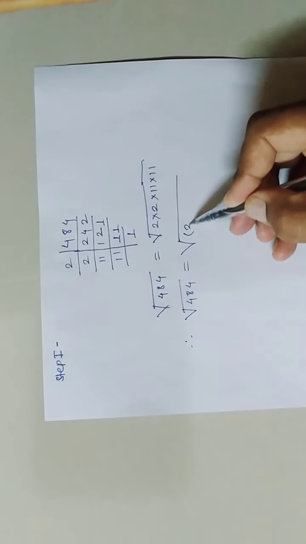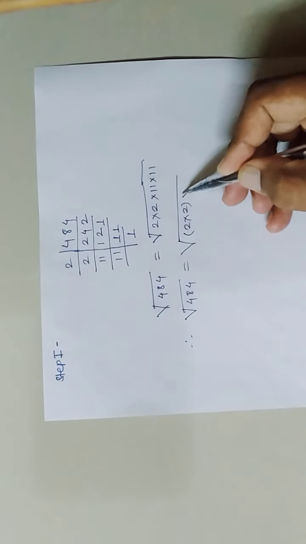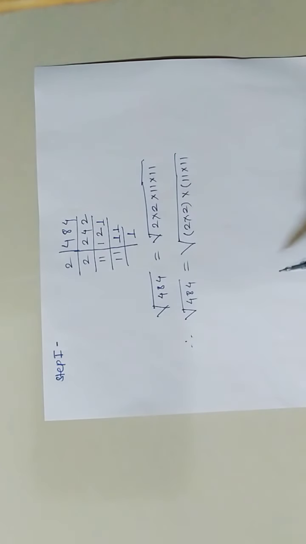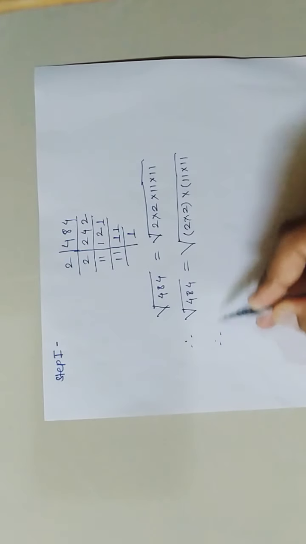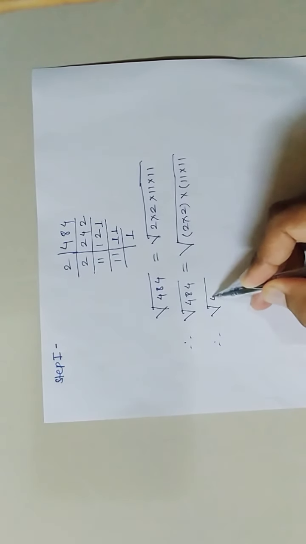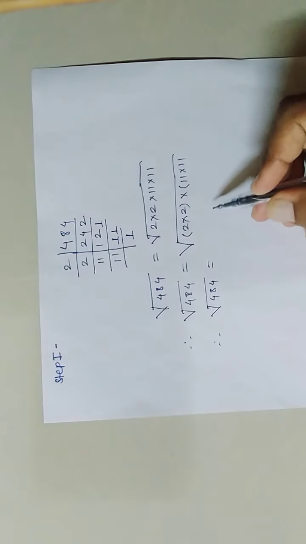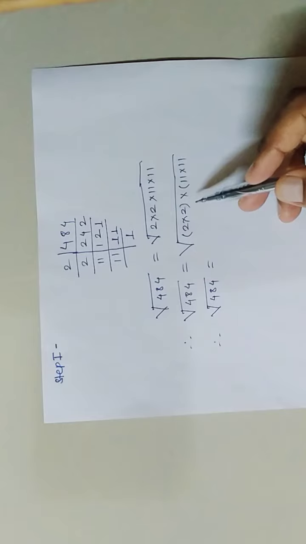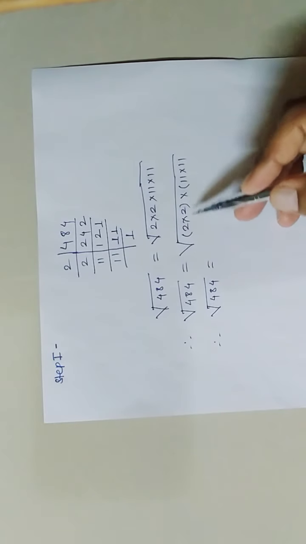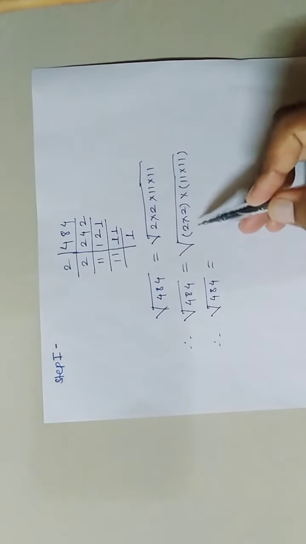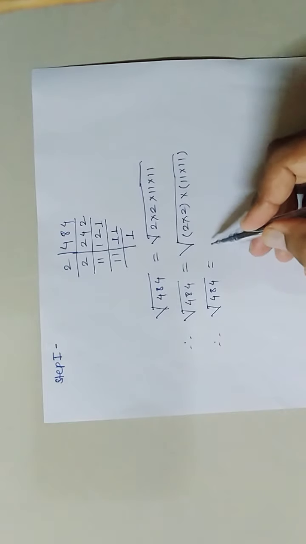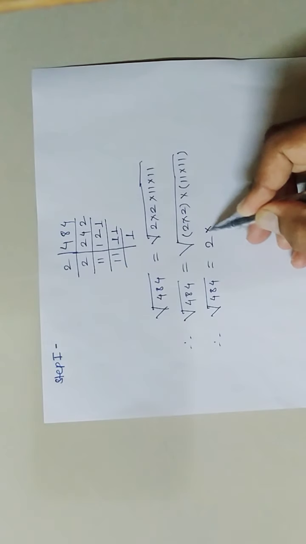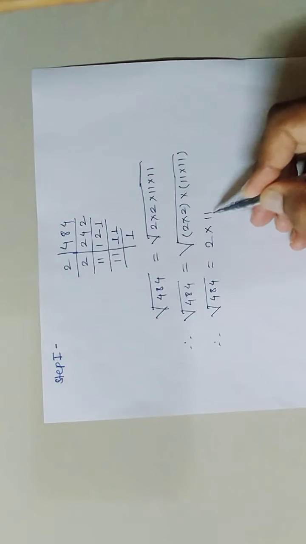So first 2 multiplied by 2, then 11 multiplied by 11. Now take one factor from each pair. So the square root of 484 is equal to 2 multiplied by 11.